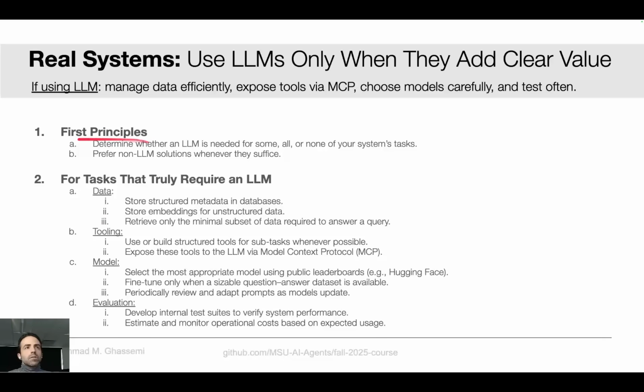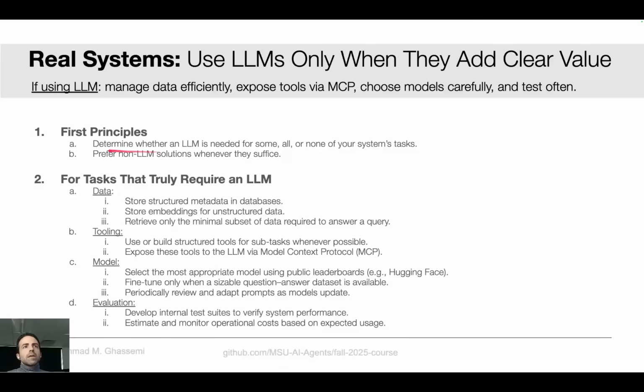There's a set of first principles that you should follow when you're building any system that has an LLM at its heart, or I would even argue, a vision language model or any kind of large statistical model at its heart. And among those first principles are two that I'm highlighting here.